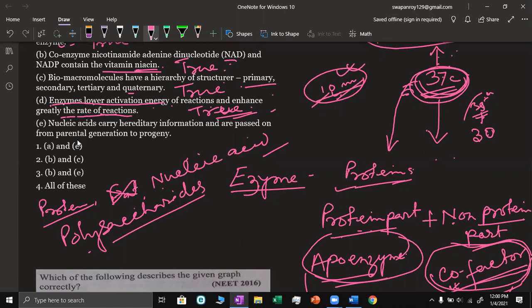So this is true. Nucleic acids carry hereditary information. This is true. And it is passed on from the parental generation to progeny. This is also true. So all of these are true, and our answer is this one.